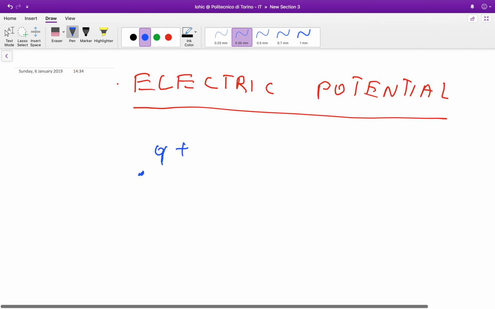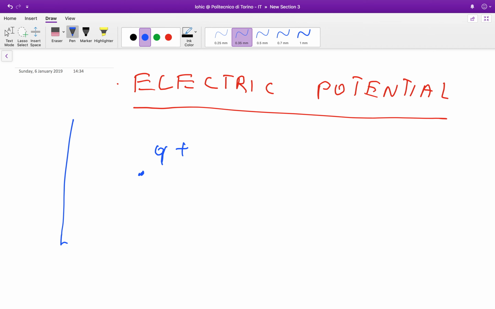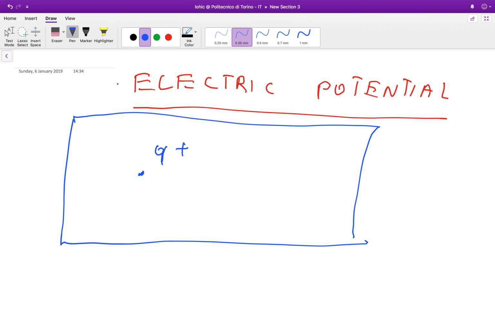suppose that this is your space. If I put a charge Q here, what happens? This positive charge Q will create an electric field. That simply means that at any other point I will have a vector representing the electric field at any other point.